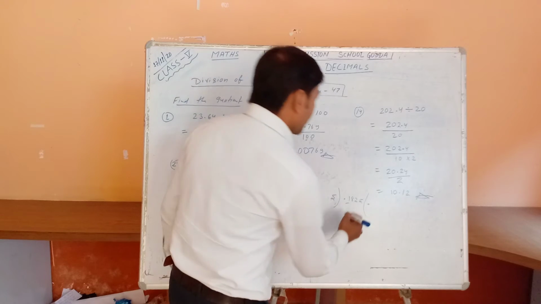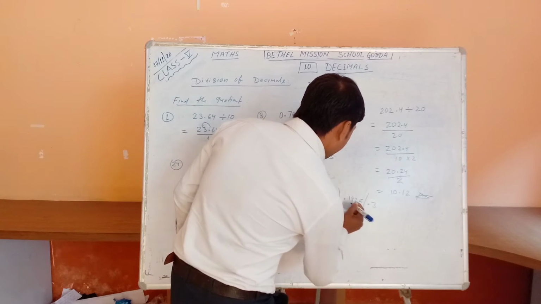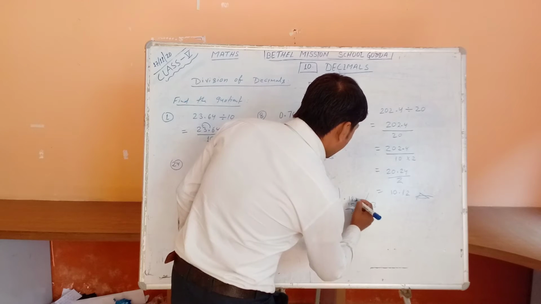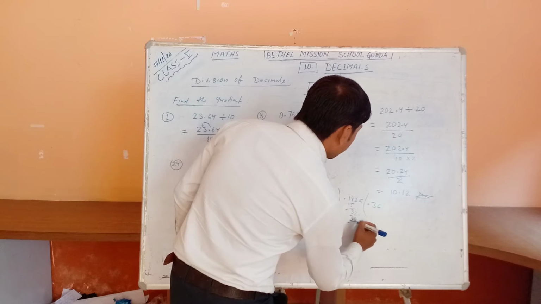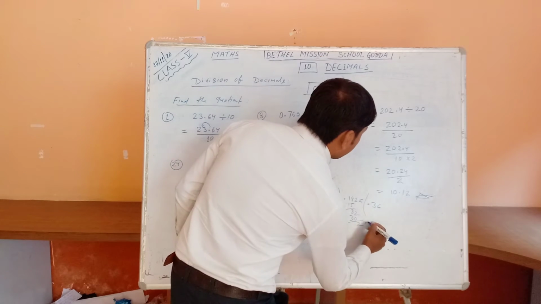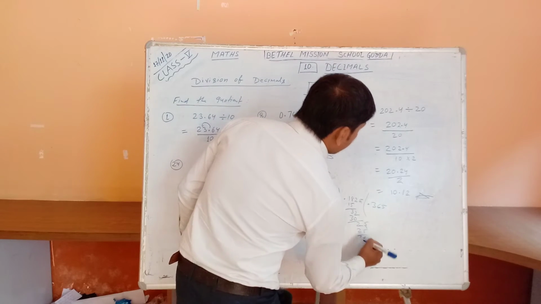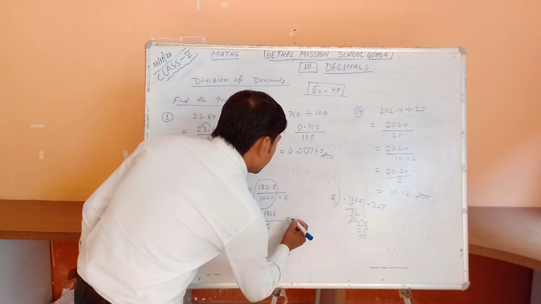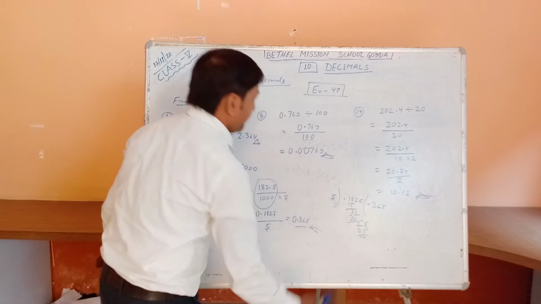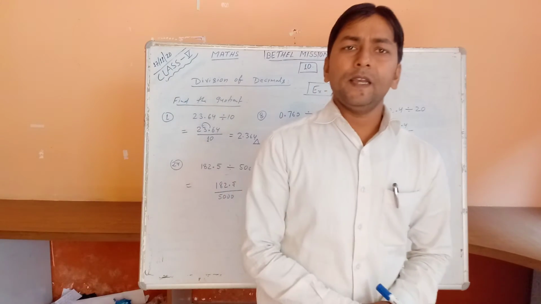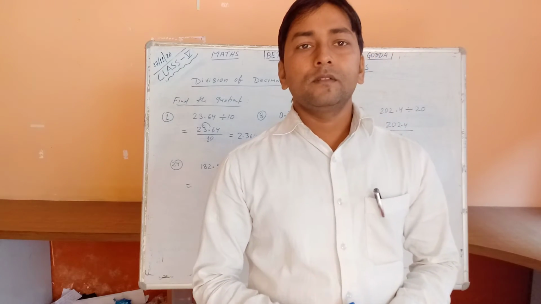We can't divide 1, so take 18. 5 3s are 15. 3, and take 2, 32. 5 6s are 30. 2 is the remainder. 2 and take 5, 25. 5 5s are 25. Okay, it means the answer is 0.365. Okay, I hope you got it. Now we do some more examples.